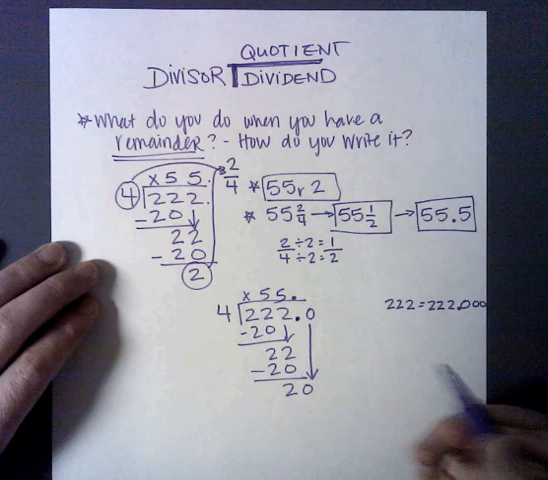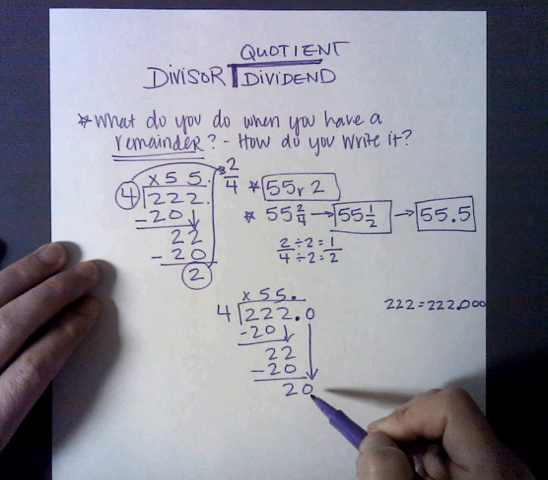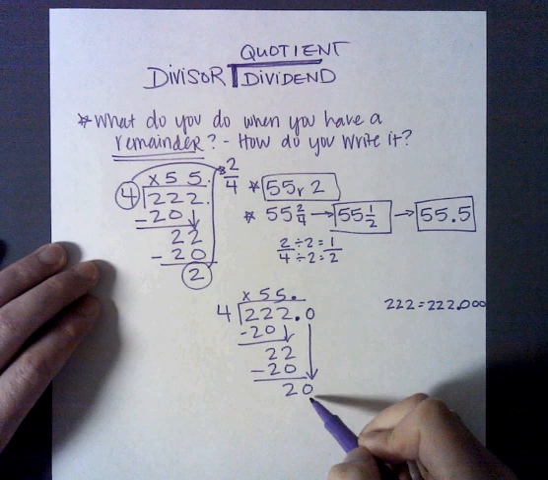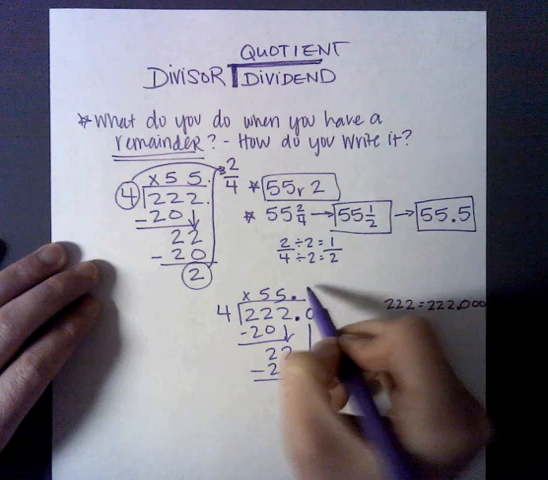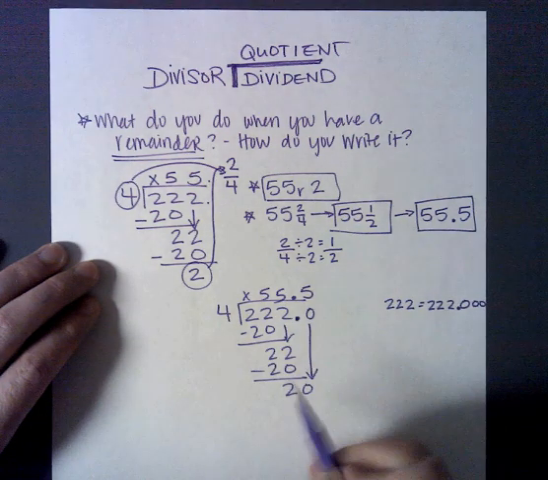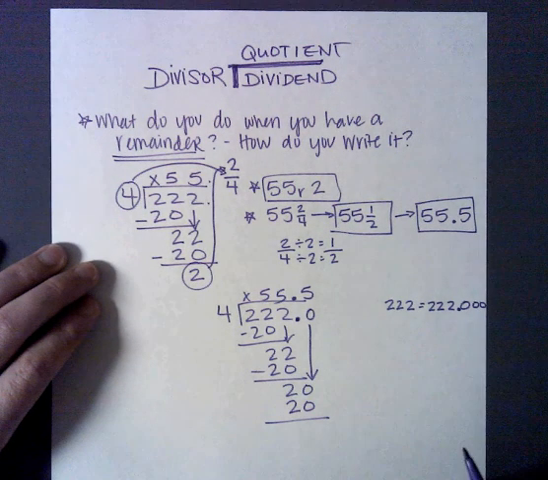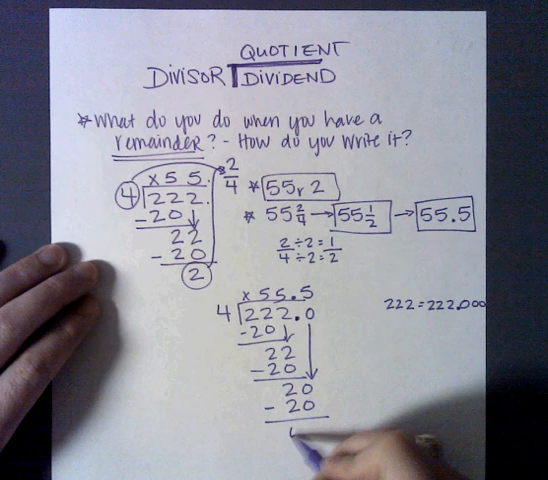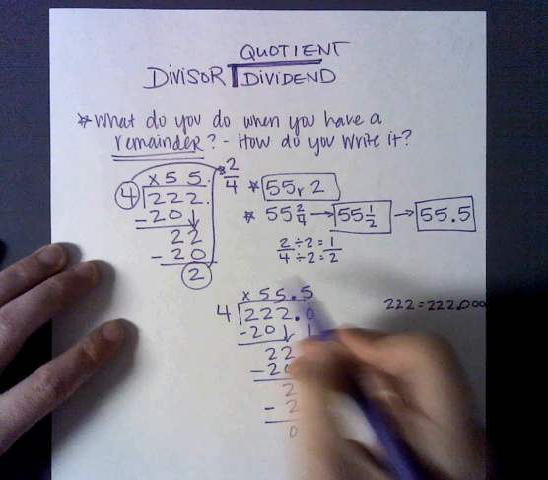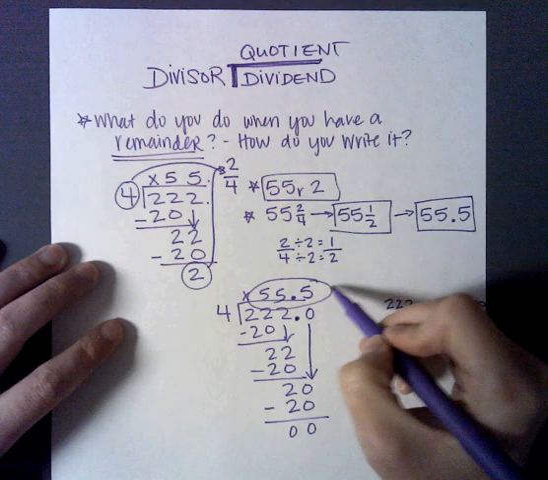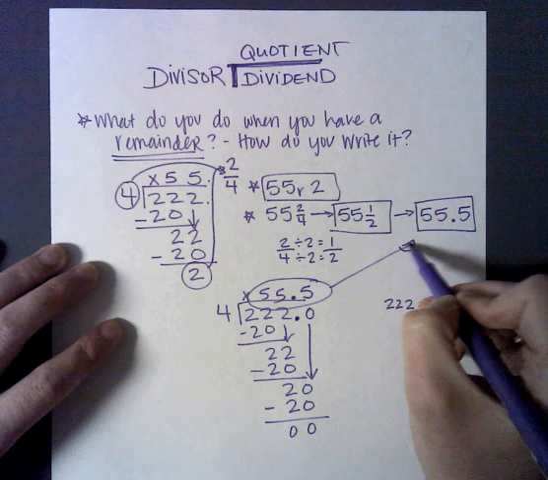So I bring my 0 down and that makes it into 20. So 4 goes into 20 how many times? 5 times. So 4 times 5 will give me 20. And now I subtract. 20 minus 20 gives me 0. So this right here is this number.